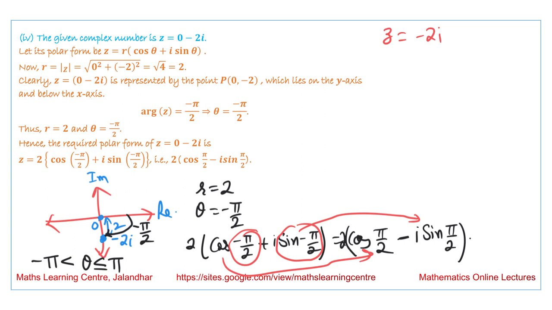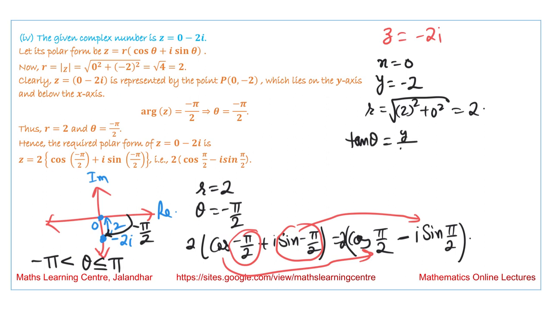So if we want to calculate it algebraically, we will have x is equal to 0, y is equal to minus 2. So the value of r is equal to the square root of 2 square plus 0 square, that is equal to 2. The value of tan theta will be y by x, where x is tending to 0 and y is equal to minus 2.